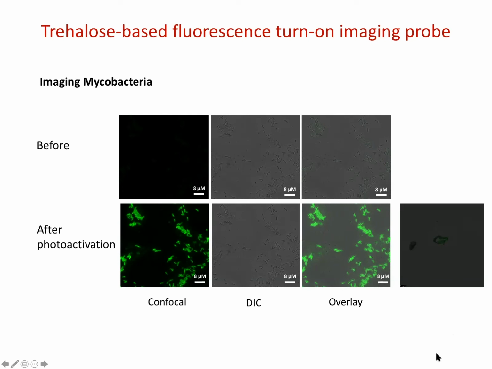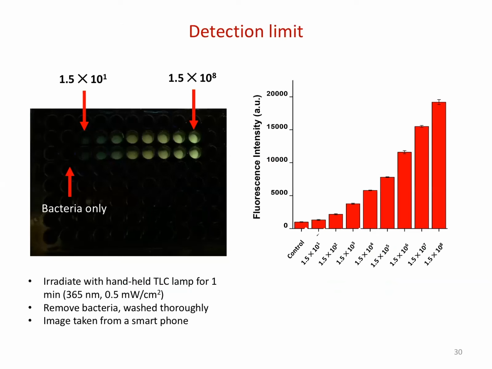Again, we need to collect more images, but it does tell us that our fluorescence turn-on is much more efficient and has high contrast compared to this basically conventional fluorescence probe. Again, this is the very latest data. We need to repeat, but it is very encouraging.